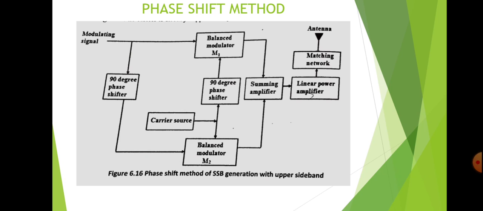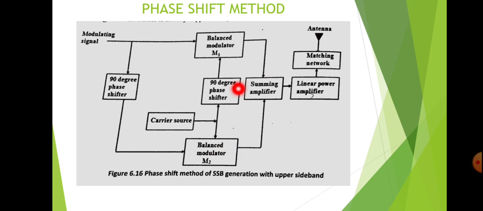Here balanced modulator M1 receives the modulating signal directly and also a 90-degree phase shifted version of the carrier signal. The second balanced modulator M2 receives the 90-degree phase shifted version of the modulating signal and the carrier signal directly. So that is the important thing.